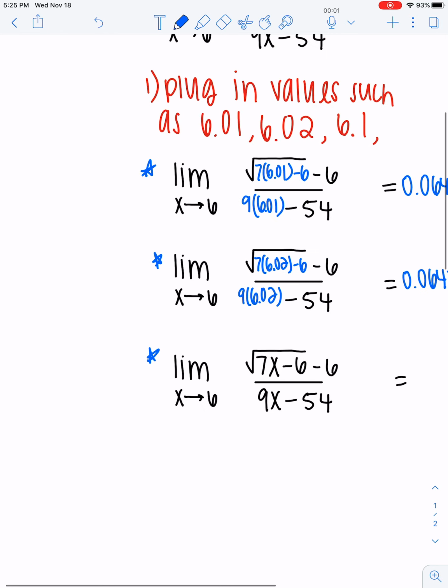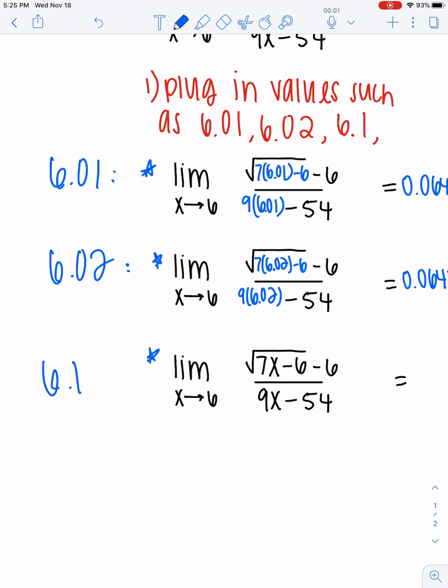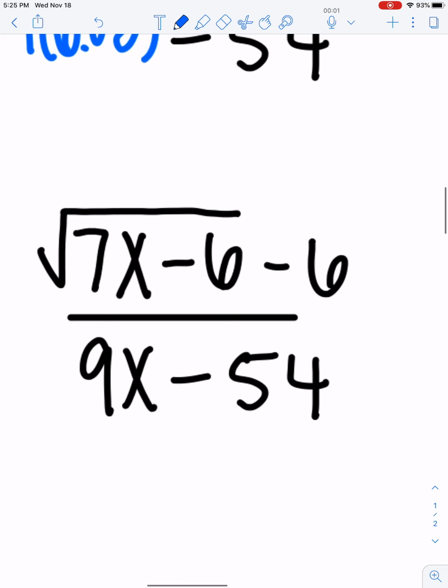So this was 6.01, 6.02, and this is going to be 6.1 that we're plugging in for each of these three.